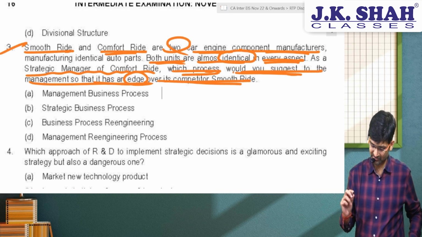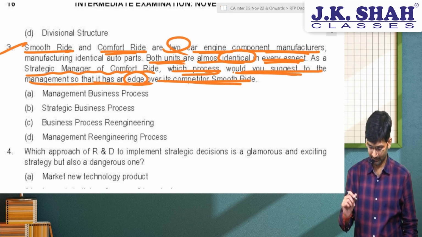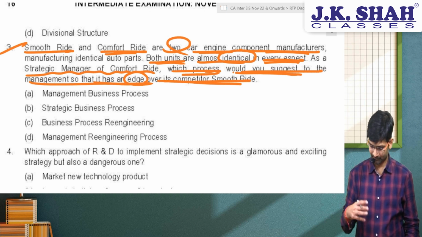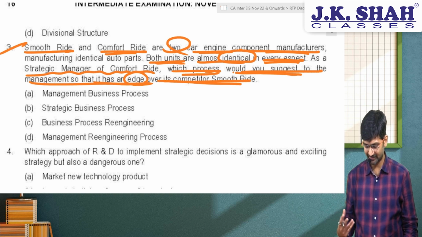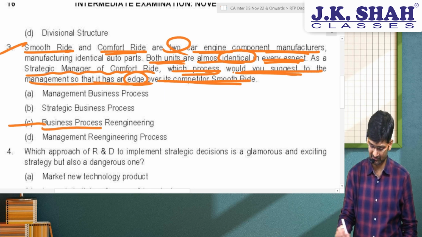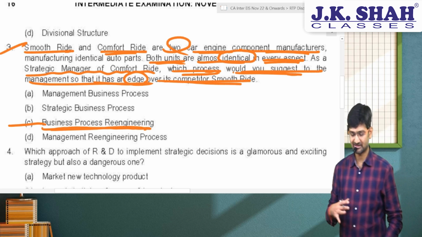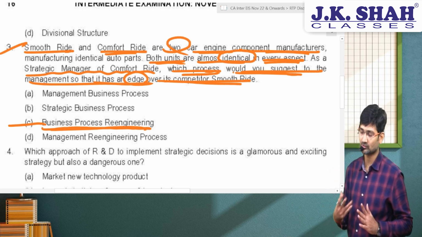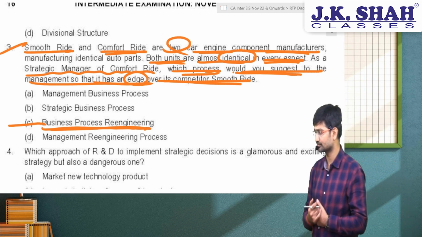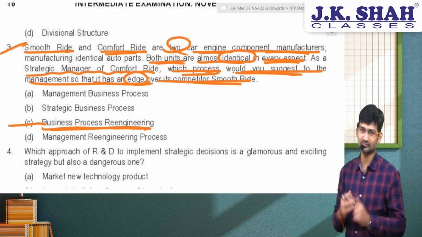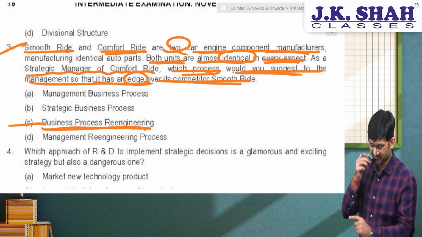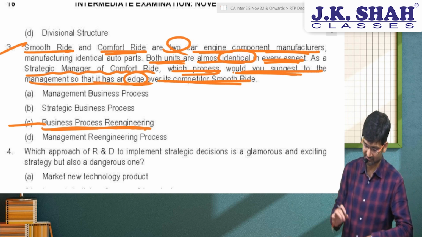Which process will you suggest? Management business process, strategic business process, re-engineering, management re-engineering process. The rest are nothing. There's no such strategic business process you may still think as a topic, but the rest are not a topic also. And strategic business process also, we don't specifically talk about it. We talk about it in parts. So this was the ideal answer.